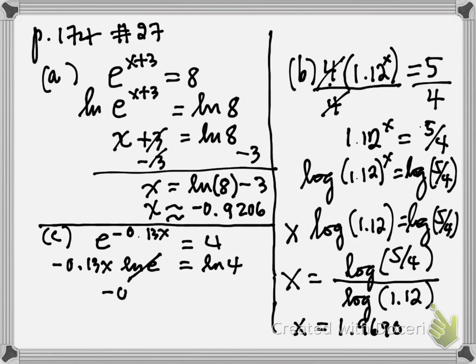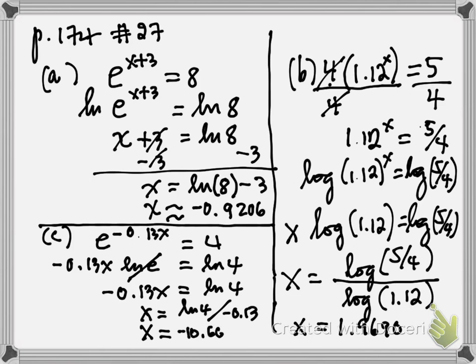And so I'm left with negative 0.13x on the left and ln 4 on the right. So for x, I need to do ln 4 divided by negative 0.13. And using the calculator, you should be able to get negative 10.6638.